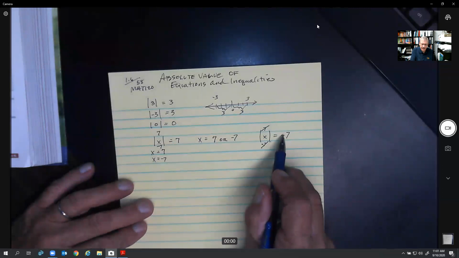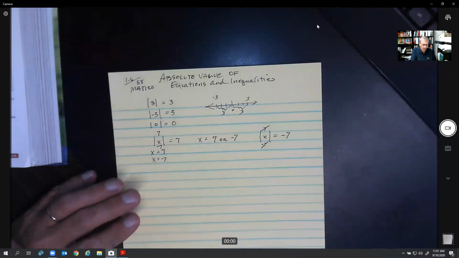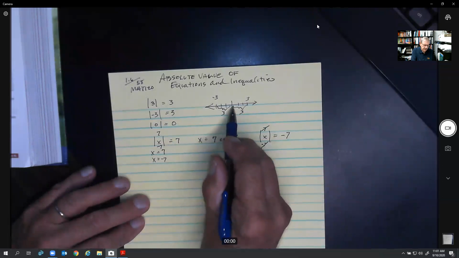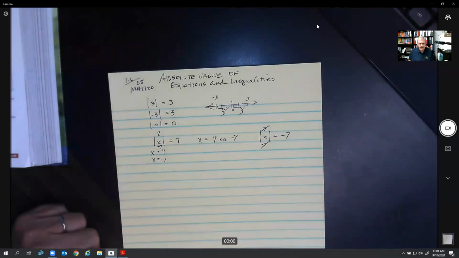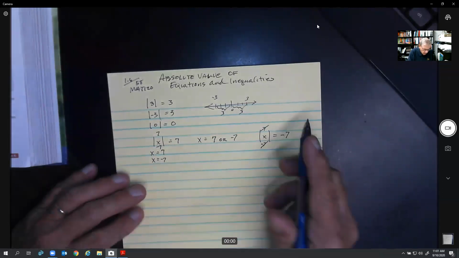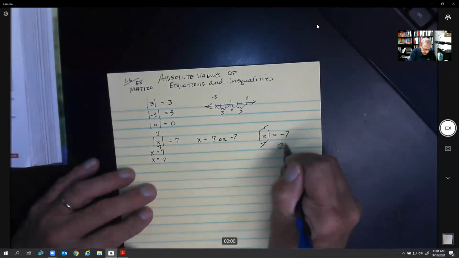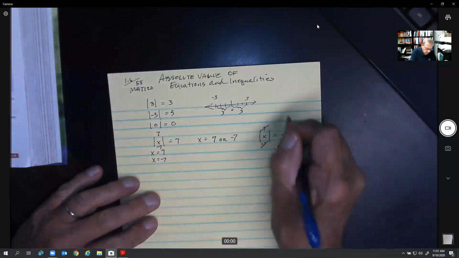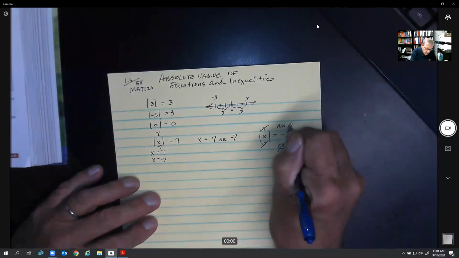Here we have a sign. We can't go -7 from 0. The distance is always calculated in a positive direction. So therefore, there is no answer to this. It's a null set. It does not exist. So no solution.